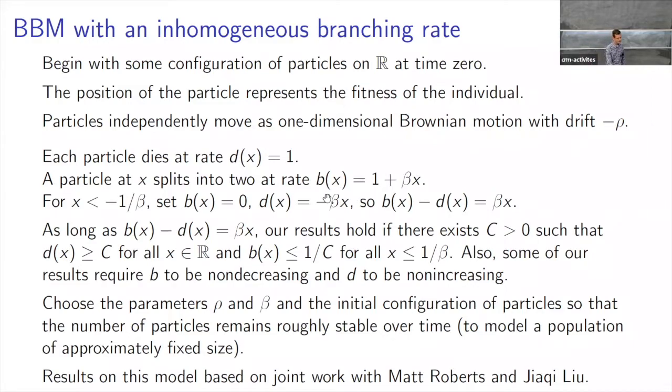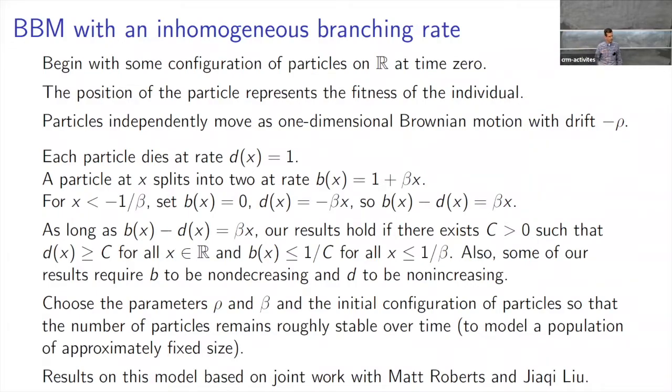Now, when x is less than -1 over beta, we can't have the birth rate being negative. So we'll set the birth rate to be 0, and we will increase the death rate so that the difference between the birth rate and the death rate is always exactly beta times x. In fact, as long as the difference between the birth rate and the death rate is exactly beta times x, there's actually quite a bit of flexibility in the exact choices of the birth rate and the death rate.